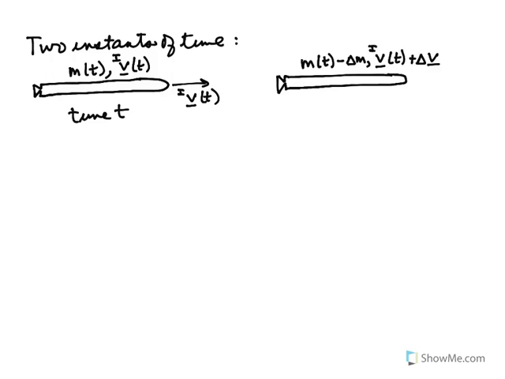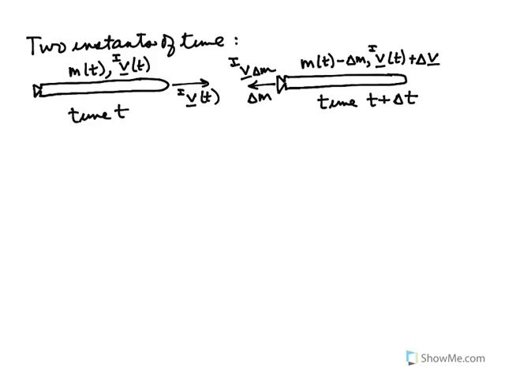But in that time, there's been a mass loss by an amount delta m. And the inertial velocity of that mass is going to be denoted as v delta m. So we're going to do a momentum balance in order to figure out what's going on.